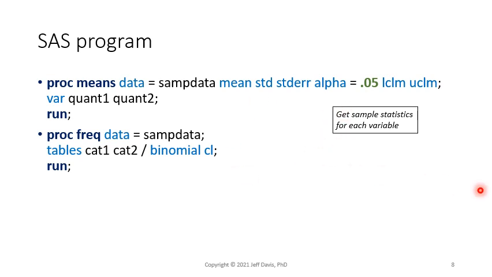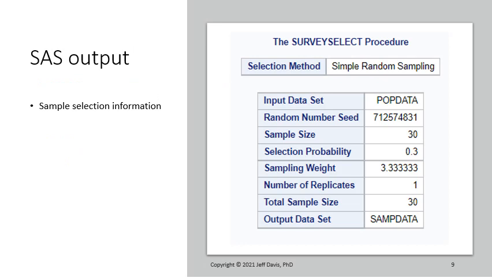All right, let's go to the next one. Here's the output that you'll get from the survey select procedure. It'll give you quite a bit of information, but you should be able to follow it pretty well. The selection method is SRS, simple random sampling. The input data set is the population data. Here's the random seed number.